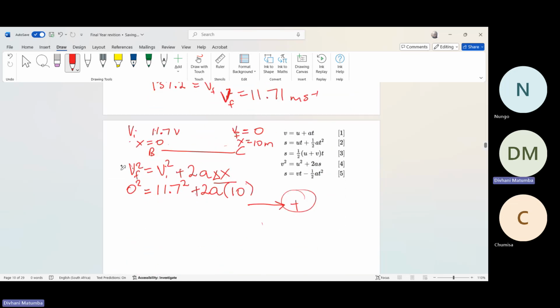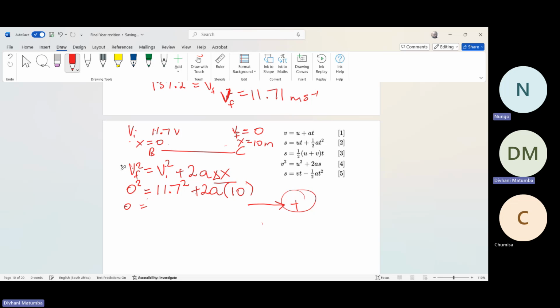Okay, then that's fine. Now, if I take 11.7 squared, how much are you getting? 136.89.